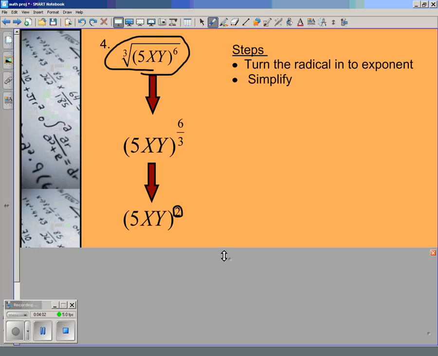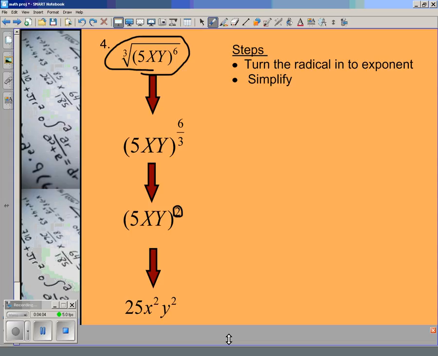And now if we distribute that exponent of 2, we do get 25 x squared y squared. And that is your final answer.